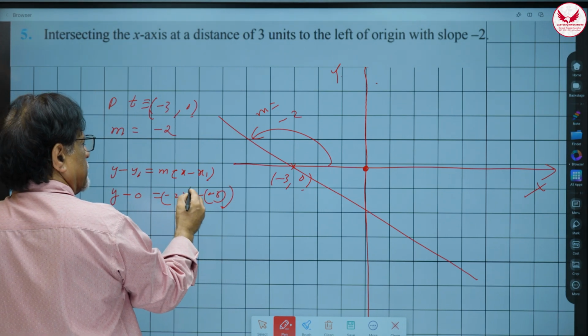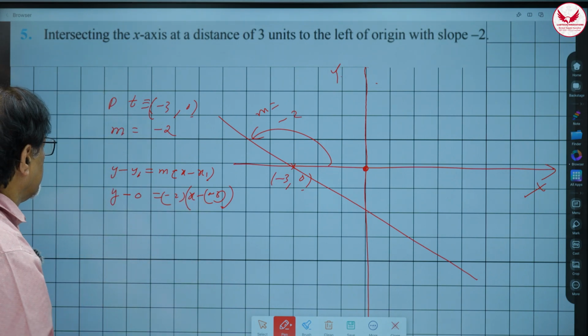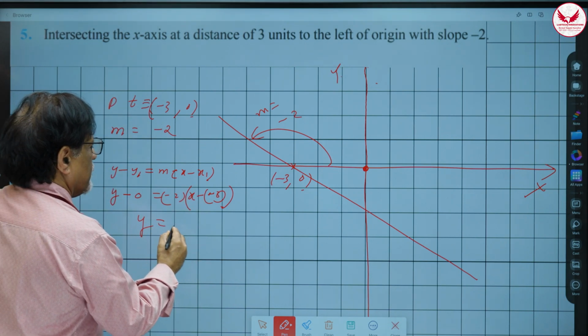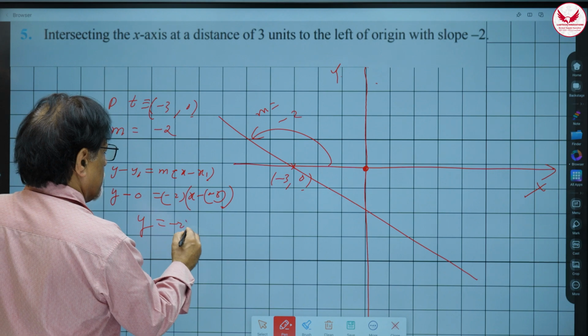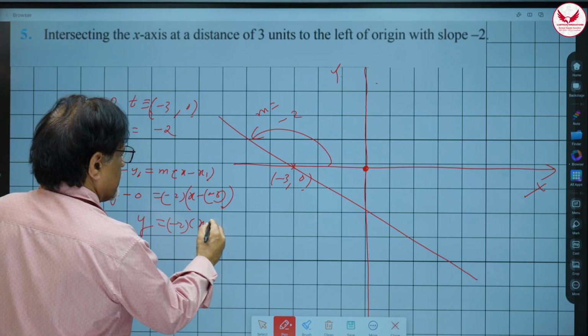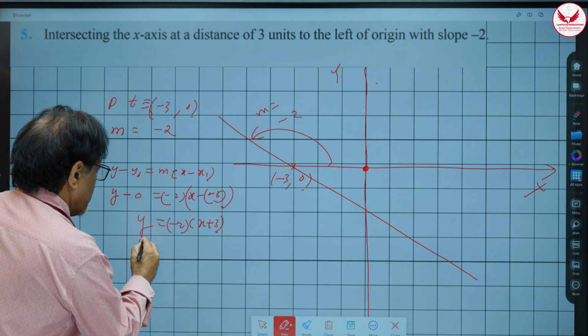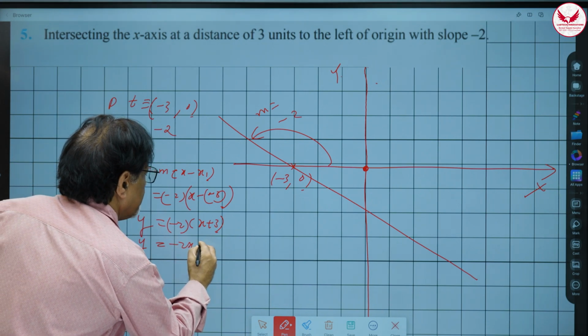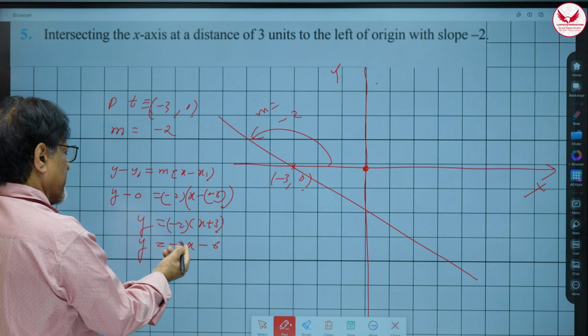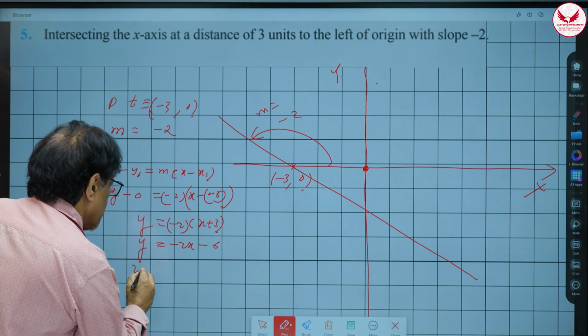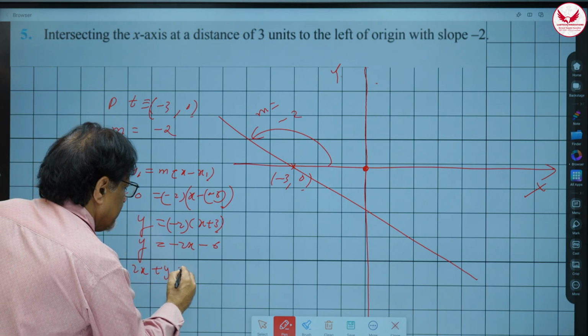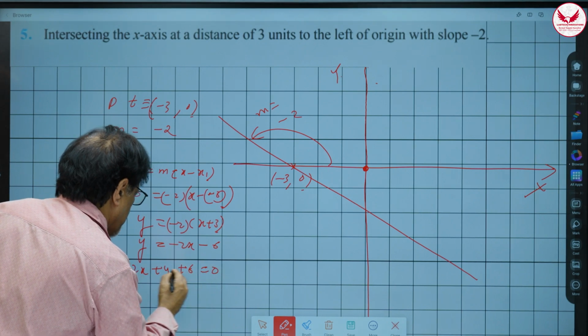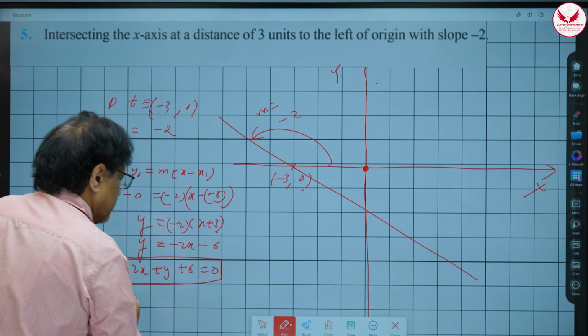So this is how the whole thing will look. So this will be y is equal to minus 2 multiplied by x plus 3, which means y is equal to minus 2x minus 6. So minus 2x can be brought on this side. So 2x plus y plus 6 is equal to 0 is the required equation.